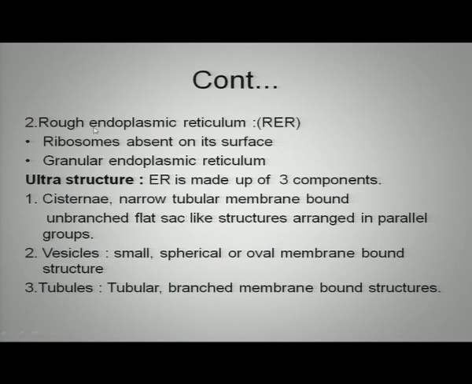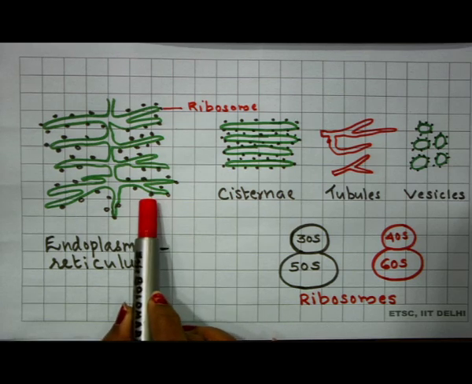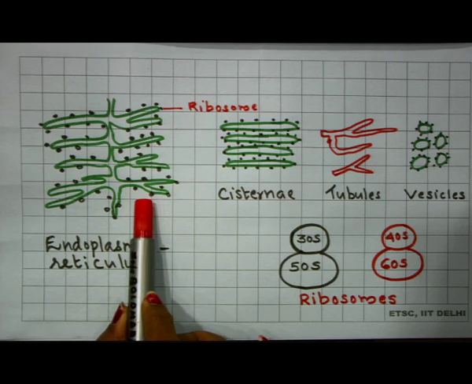The second one, that is rough endoplasmic reticulum, we call it RER. Here you see this particular diagram, whether it is a rough endoplasmic reticulum or a smooth endoplasmic reticulum. Try to identify.